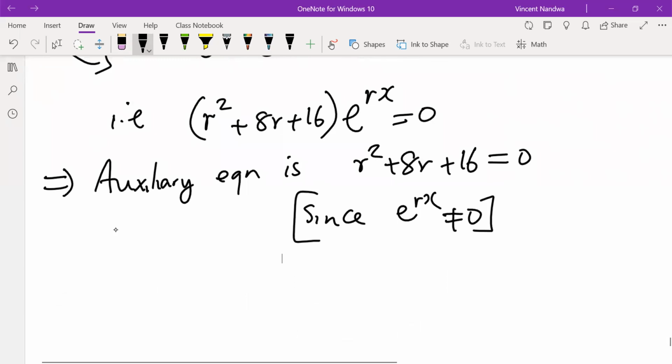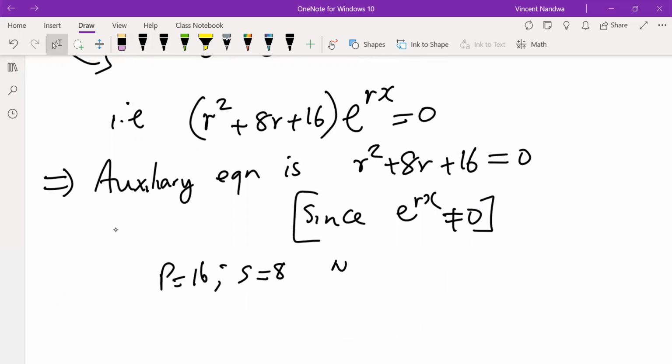Now this quadratic: product is 16, sum is 8, so the numbers are 4 and 4.